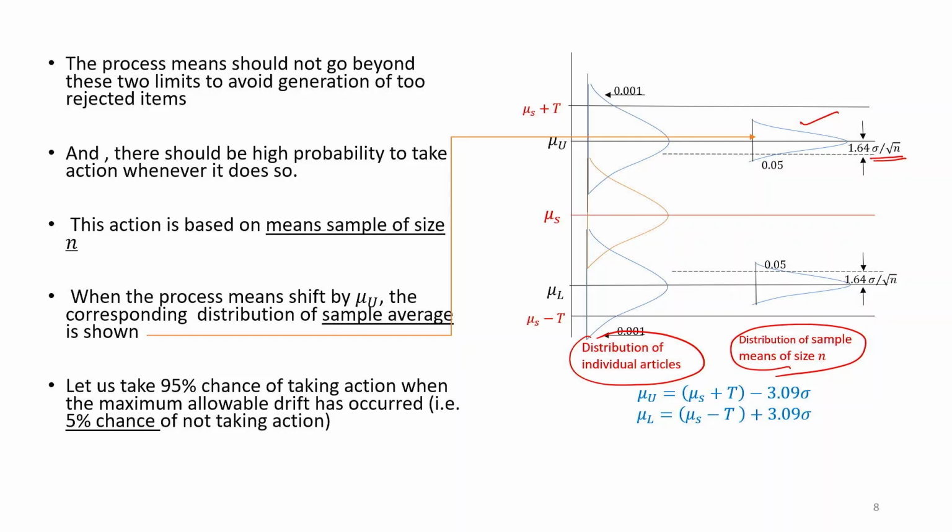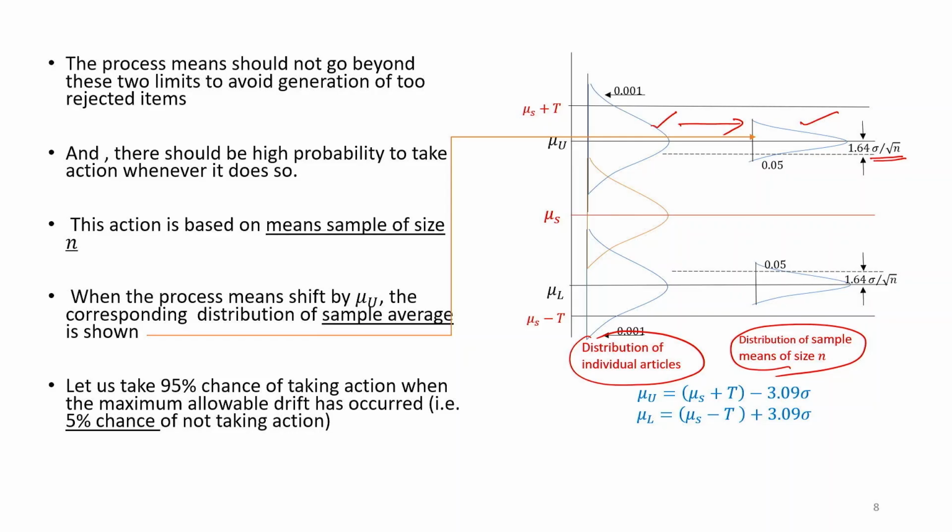Therefore, for the same curve, the distribution for the sample mean is this. That is what it is showing. This is the sample mean distribution. Now let us take a 95% chance of taking action when the maximum allowable drift has occurred.